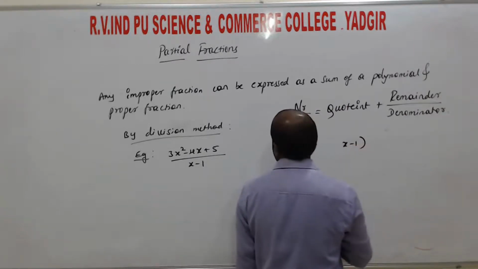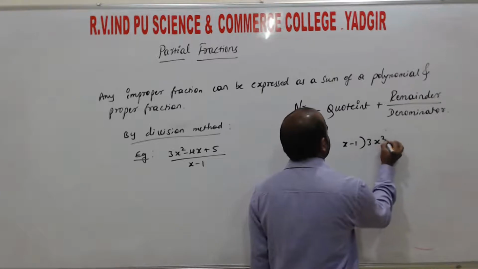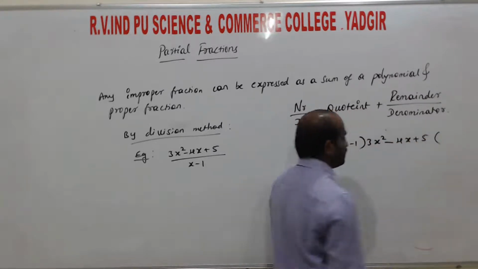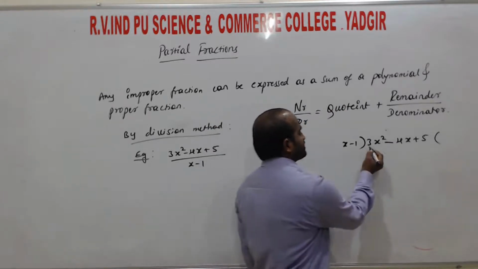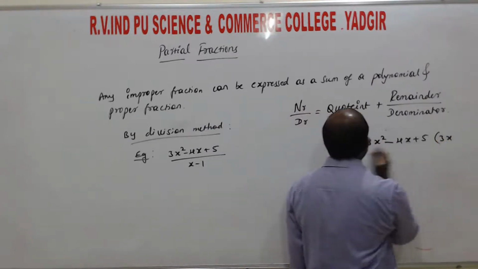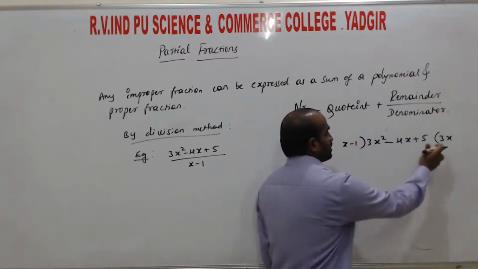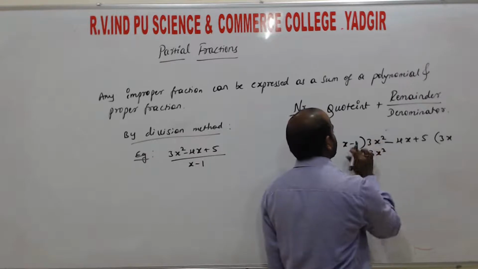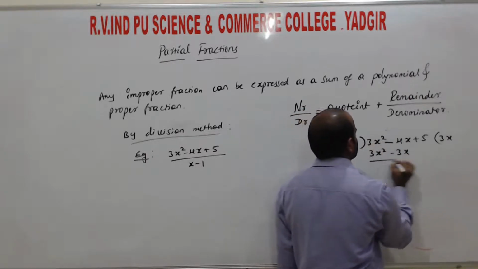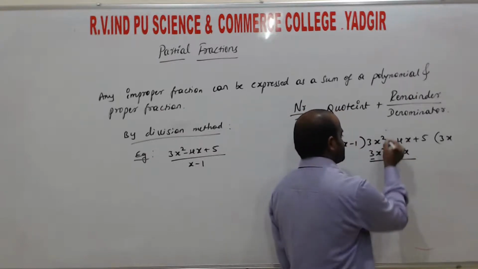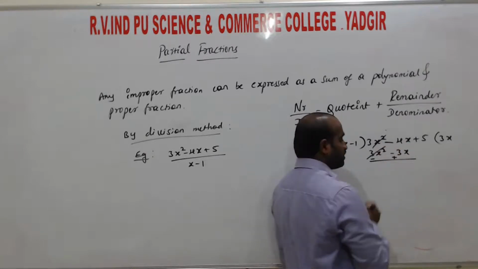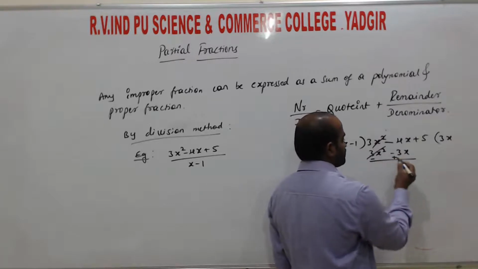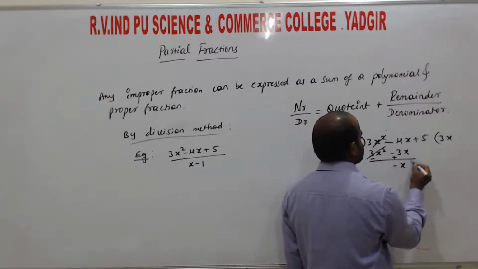x minus 1 into 3x square minus 4x plus 5. 3x into x is 3x square, 3x into minus 1 is minus 3x. Change the sign: 3x square cancels, minus 4x minus 3x gives minus x, plus 5.